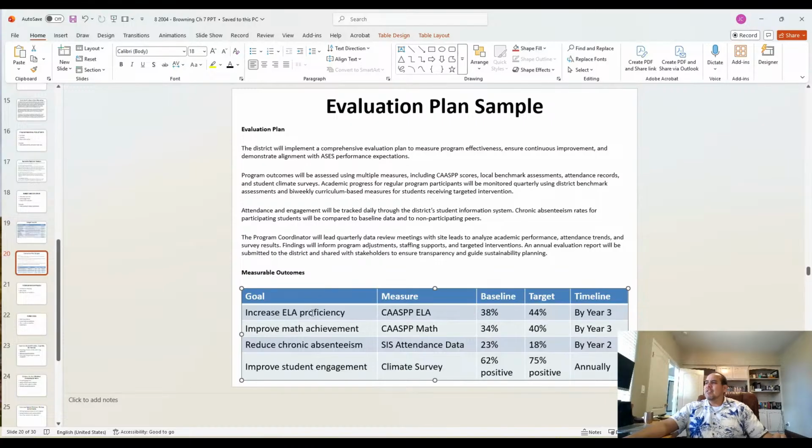Increase the LA proficiency, how you're going to measure it, what's the baseline and the target, and by when you will reach the target. Okay, so you're going to improve proficiency, improve math achievement, reduce absenteeism by 5% by year 2, and improve student engagement by 13% every year.